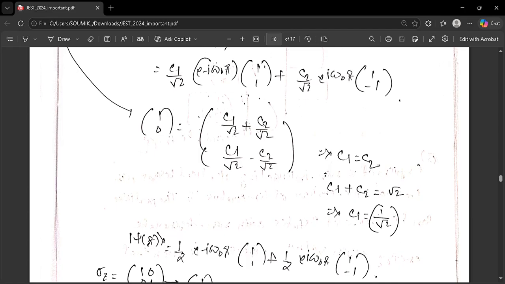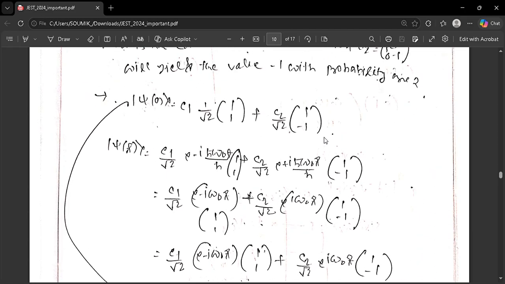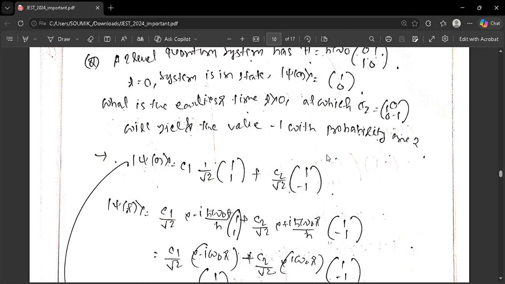Then we know that if the state at t = 0 is psi 0, the state at time t is e to the power minus iHt by h cut, into psi 0. The state moves in this way, with 1 by root 2, the eigenstate corresponding to energy h cut omega 0, and the eigenstate corresponding to energy eigenvalue minus h cut omega 0.